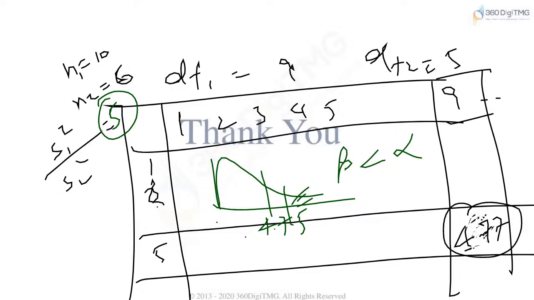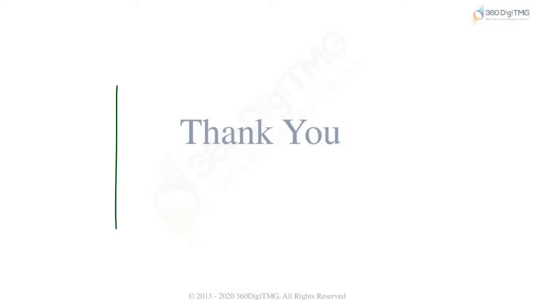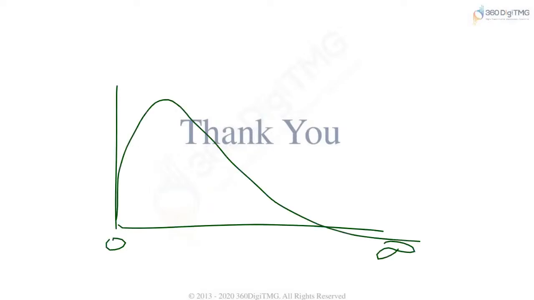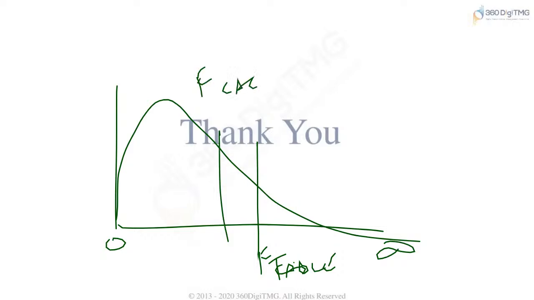If the calculated value is less than the F value, how do you reject? You accept. Remember it is kind of counterintuitive. If it is less, this is 0, this is infinity, this is your distribution, this is the F table value, and this is your F calculated.